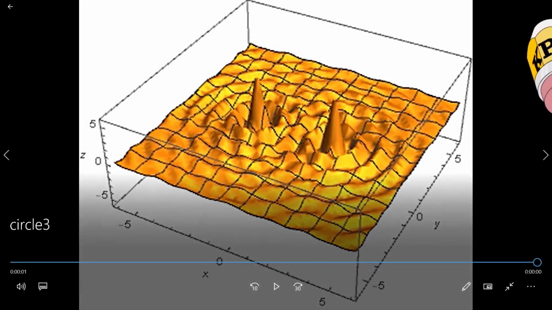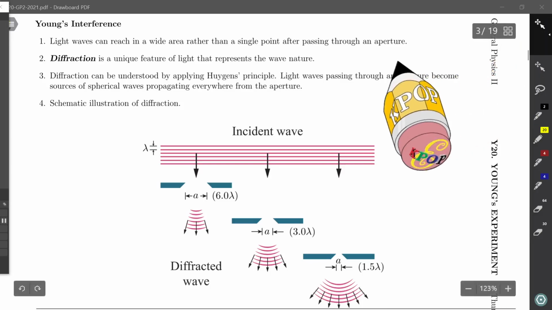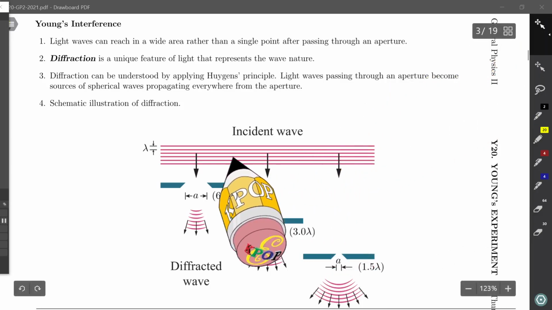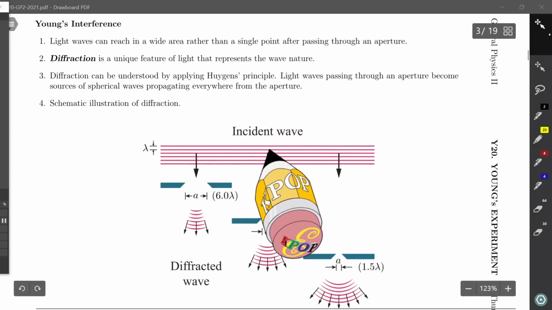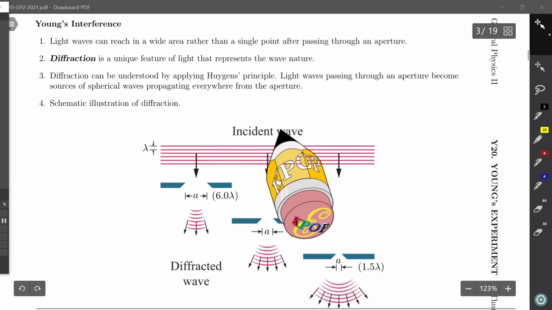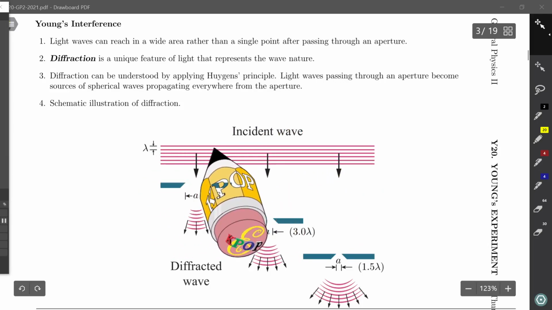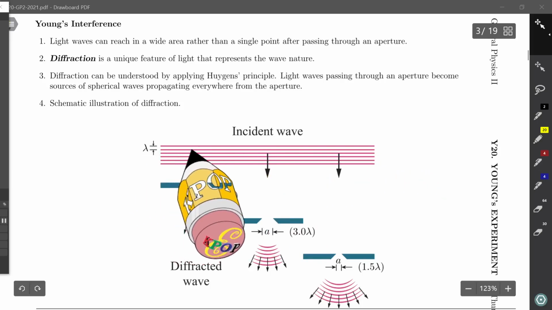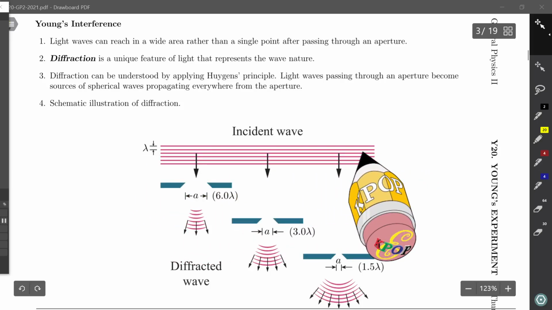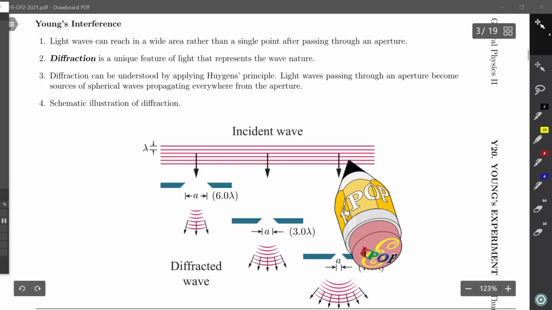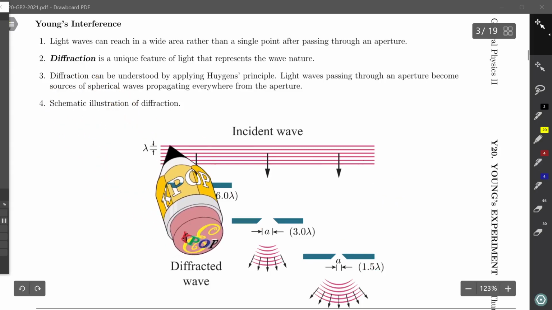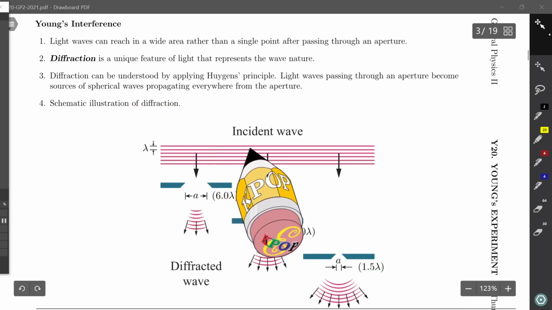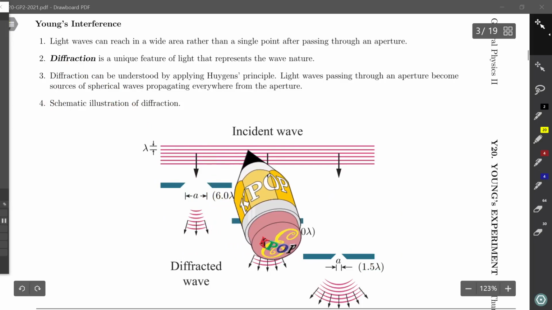To make coherent sources, we usually begin with an incident wave that is a plane wave. Each red line represents a wavefront. The wavefront is the line that connects the points of equal phase.